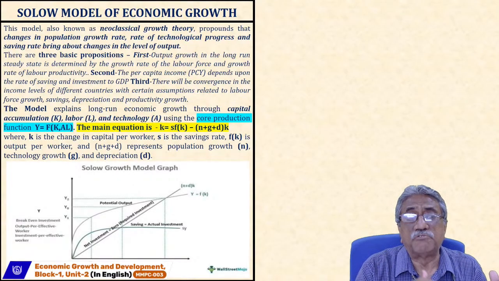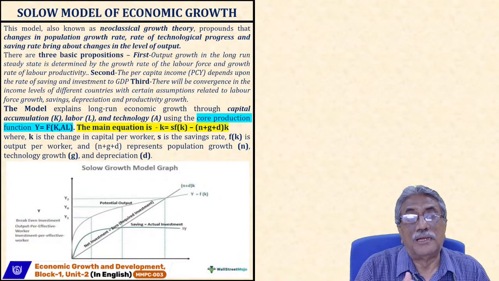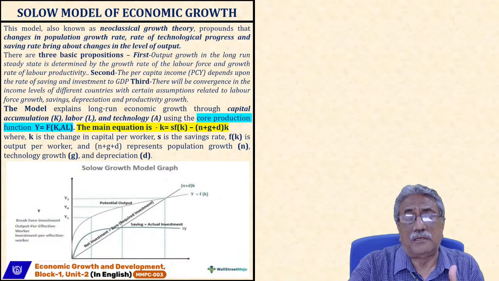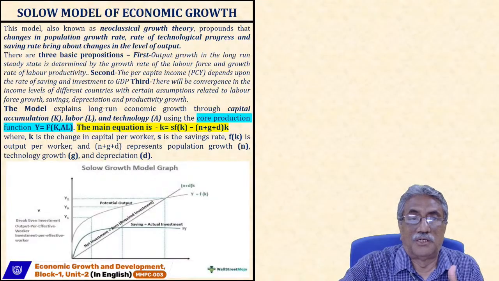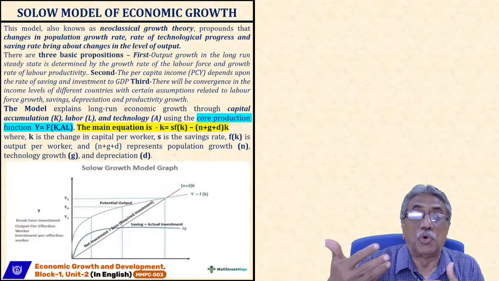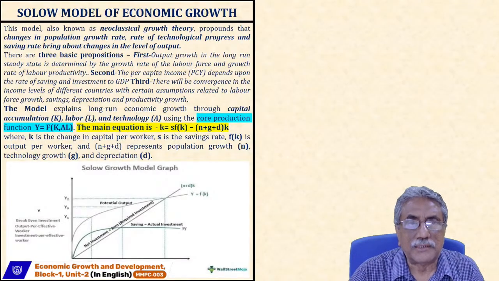Let me clear it again: the rate of savings of the economy as a whole will lead to investment into highways, factories, etc., and more jobs. So per capita income will grow. So there should be more investment in GDP.